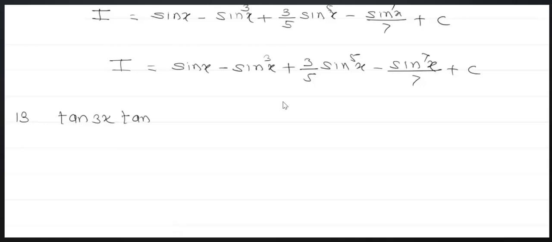That is tan of 3x, tan of 2x, tan of x. I is equal to integral tan of 3x into tan of 2x into tan of x dx.